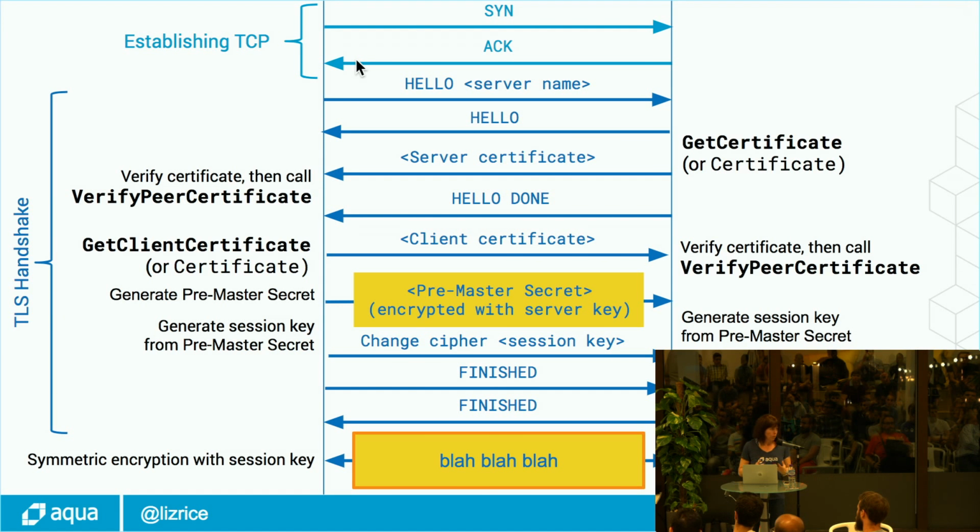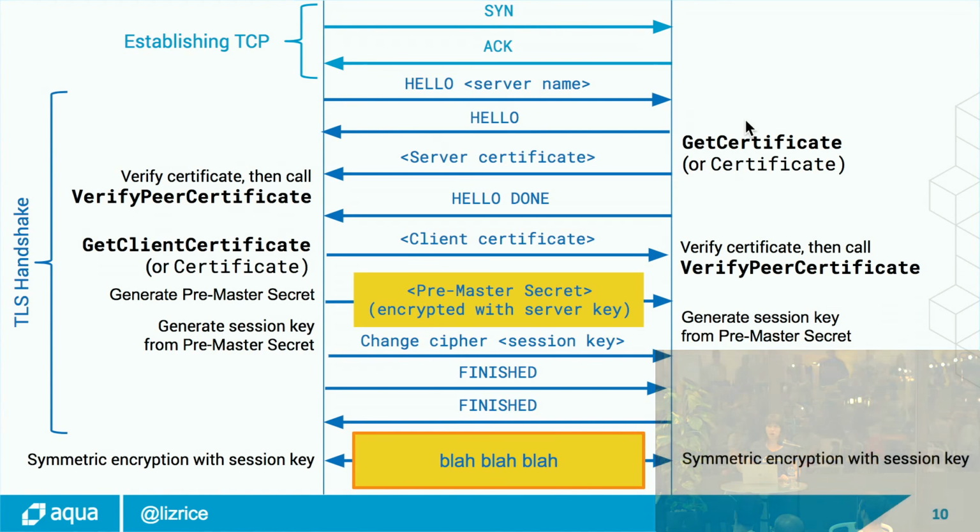If we decide we want to do TLS, or rather if the client is going to attempt to set up TLS, it goes through this TLS handshake flow, which starts with a hello saying which server it wants to talk to. Now, it goes through this whole flow. The point of me showing you this is that these bold black things are callbacks that you can set up in the standard Go TLS package.